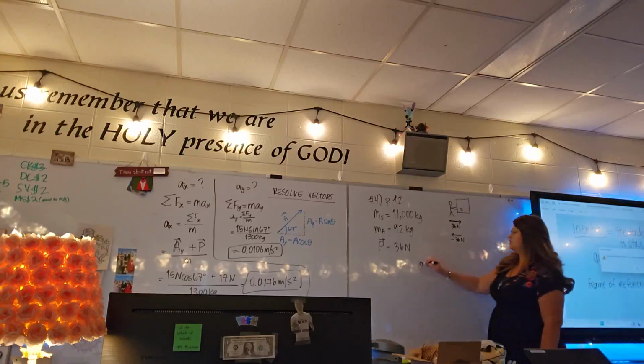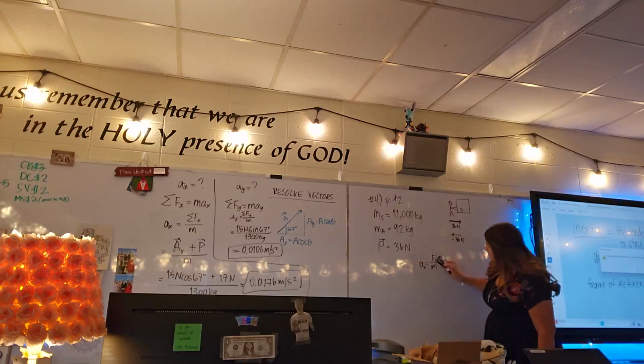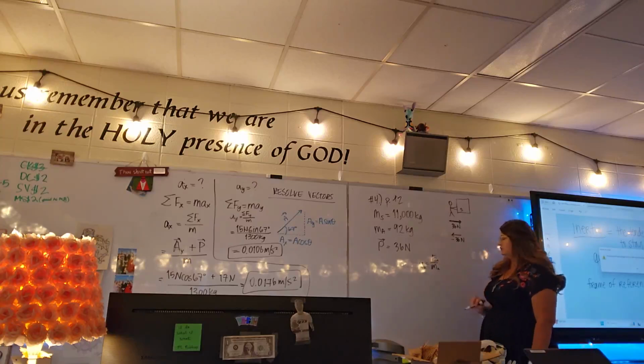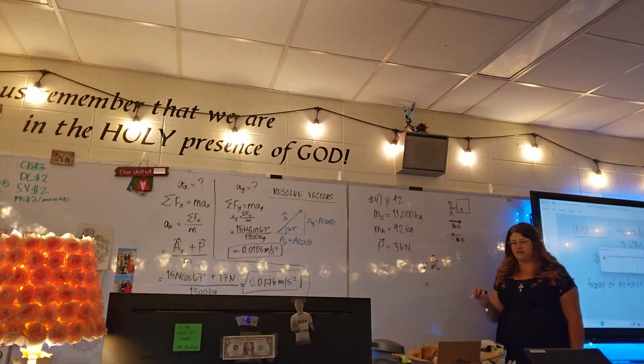So again, we're looking for acceleration. That's force divided by mass. So let's do the acceleration of the astronaut. So I need to know the force of the spaceship on the astronaut.